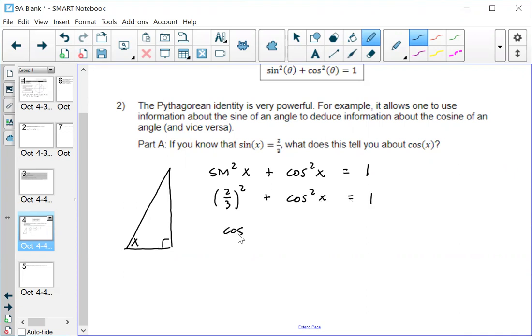If we rearrange, cosine squared x is equal to 1 minus 4/9, which is just 9 minus 4 over 9, or 5/9. Then if we take the square root of both sides of the equation, we end up with cosine x is equal to the square root of 5 over 9.